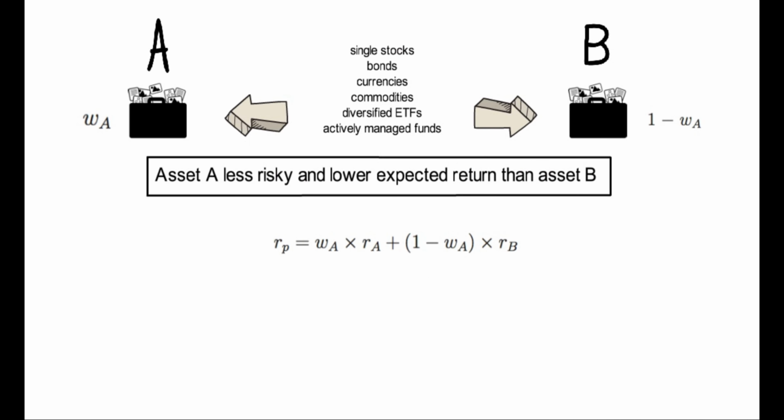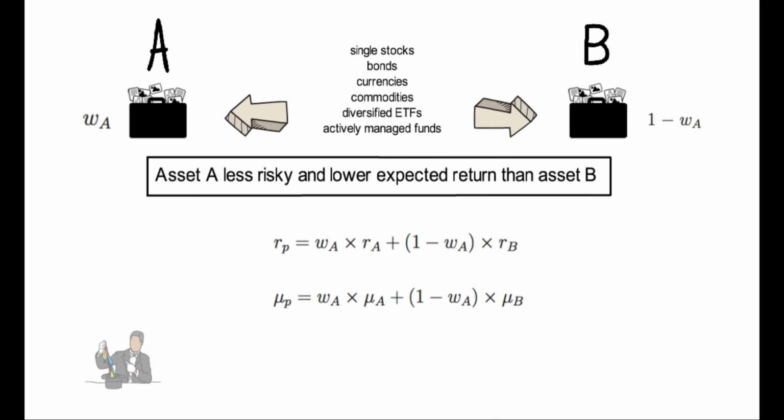The portfolio's expected return mu P equals the next expression, which says that the expected return of a portfolio is a linear combination of the expected returns of the portfolio's constituents.